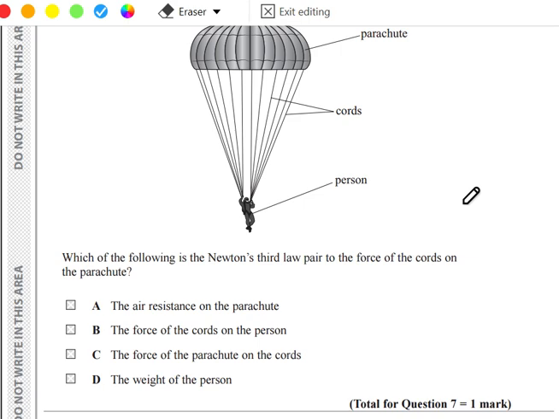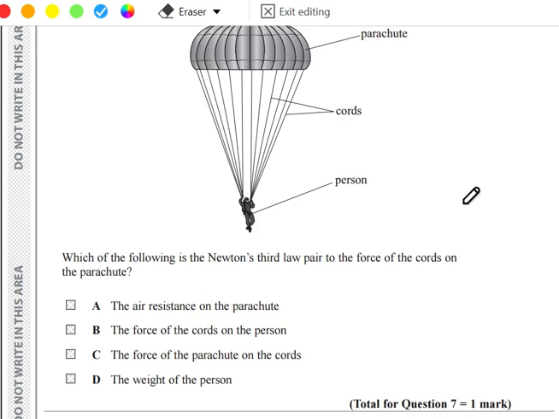So Newton's third law pair of forces needs criteria. First, they must be equal in magnitude. Second, opposite in direction. Third, the same type of force between two different objects.